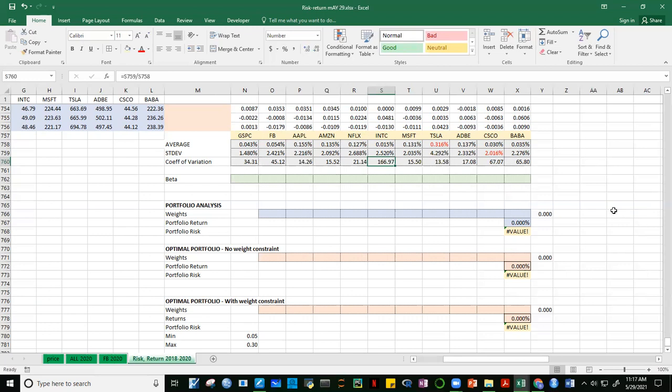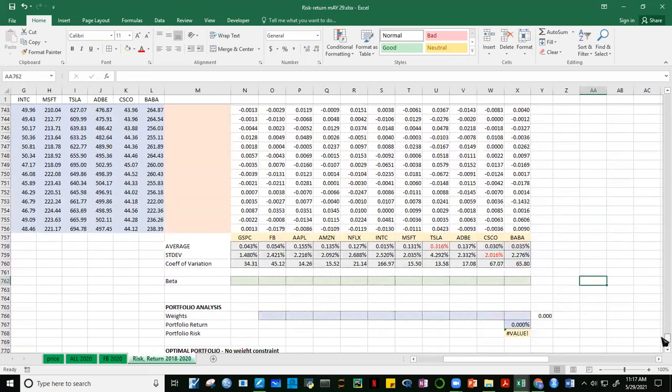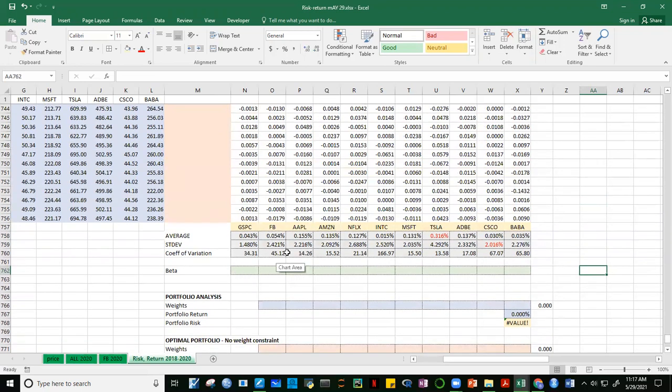Now, usually guys, hindi natin tinitingnan to individually. Tinitingnan natin, ang question, how risky is your asset relative to the market? Pag sinabi natin market, kino-compare natin yung asset natin to a particular market.